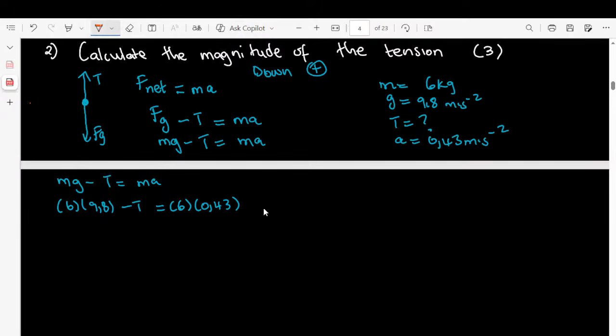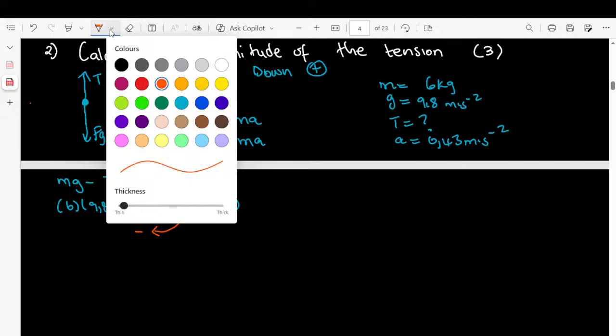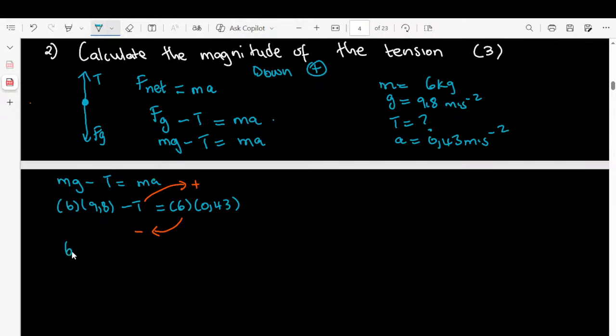The tension will go to the other side to be positive, and this guy will go to the other side to be negative. So what will tension be equal to? Tension is equal to 6 times 9.8 minus 6 into 0.43. When you punch this on the calculator, you should know what the tension is.